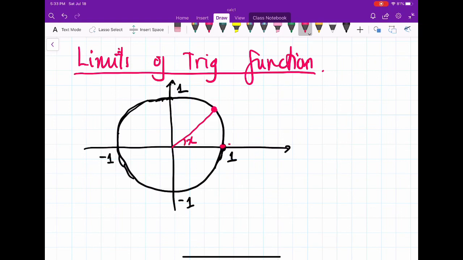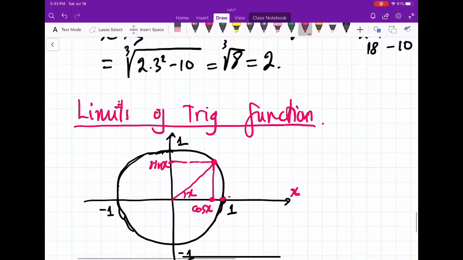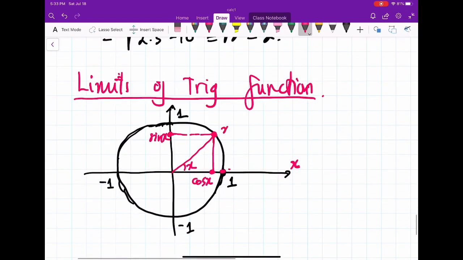In order to find the cosine, I just take the orthogonal projection of this point onto the x-axis, so I have cosine of x in here, and the y-axis will be the sine values of the angle x.